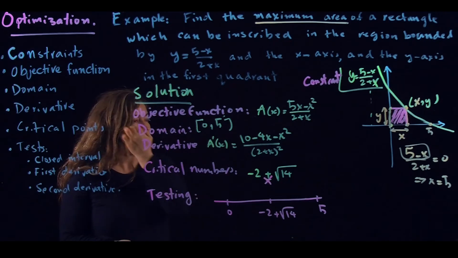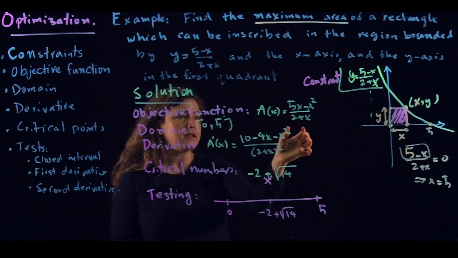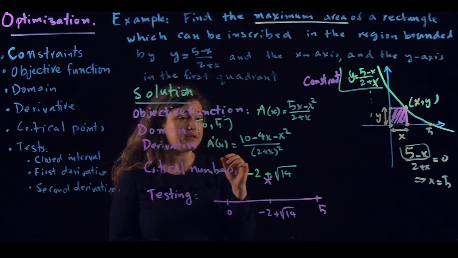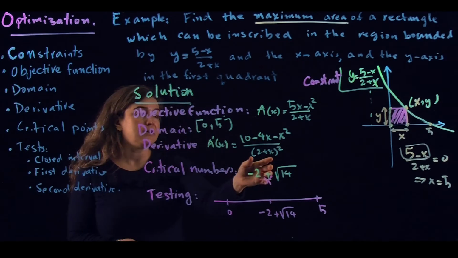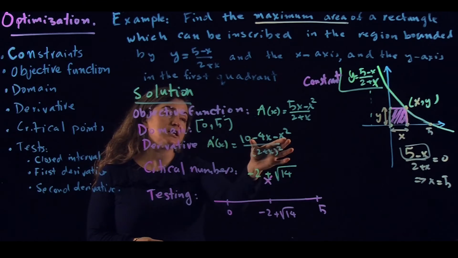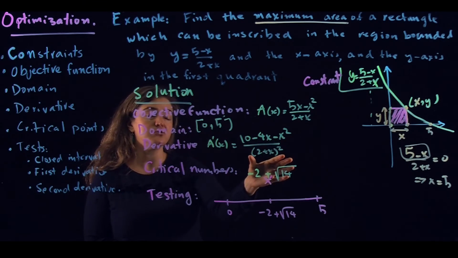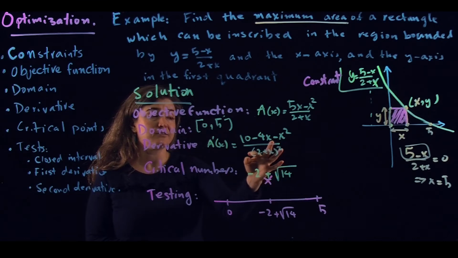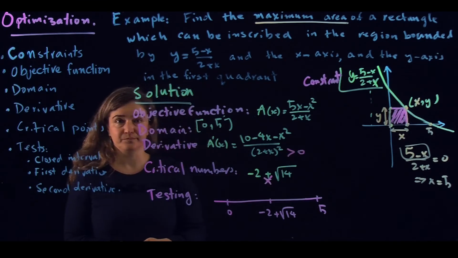How do I figure that out? So what is going on with the derivative of the area function? Derivative of the area function in the numerator has a quadratic function, and in the denominator has another quadratic function. The quadratic in the denominator is always bigger than 0.